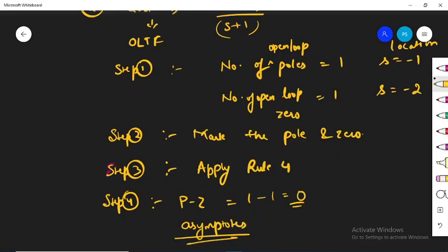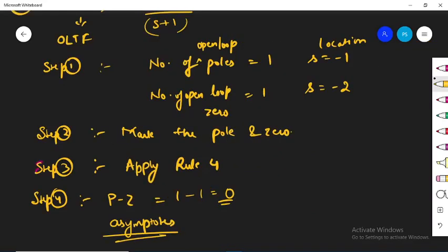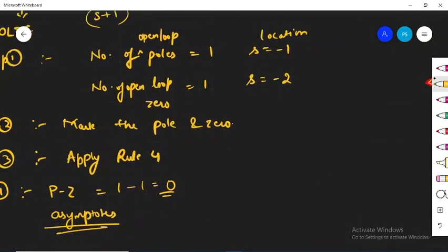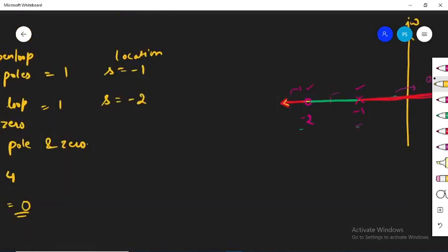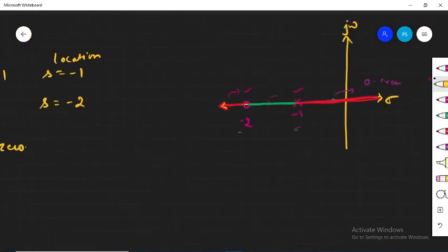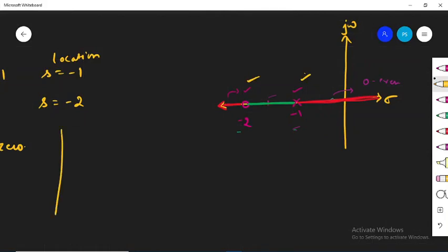The reason behind it is that asymptotes will exist only if there is some ambiguity, like a difference in the number of poles and zeros. Here we have only one open loop pole and one open loop zero. You know that a root locus always starts from an open loop pole, and it always terminates at an open loop zero.